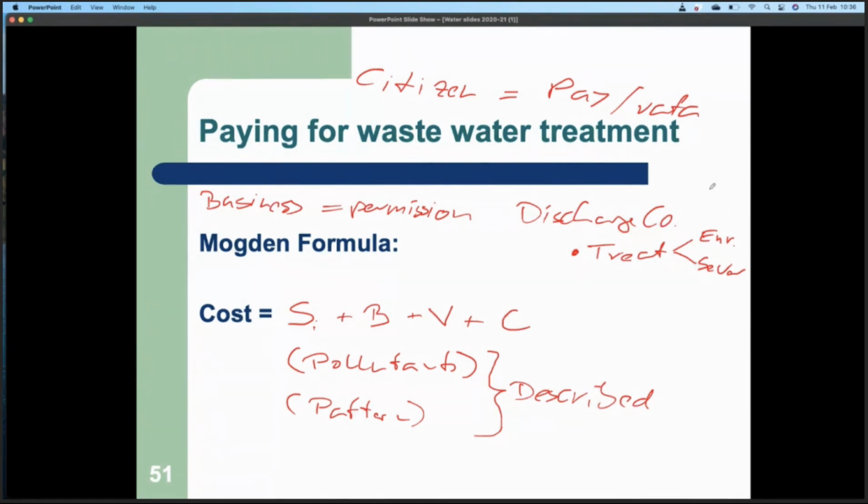So if you did that, then you would need to get permission by SEPA on what you can discharge into the environment. Bob Gilmore will discuss that with you in more detail. So what we call this regulatory control aspect here means that SEPA, the environmental regulator in Scotland, would give a company a controlled activities license under the controlled activities regulations.